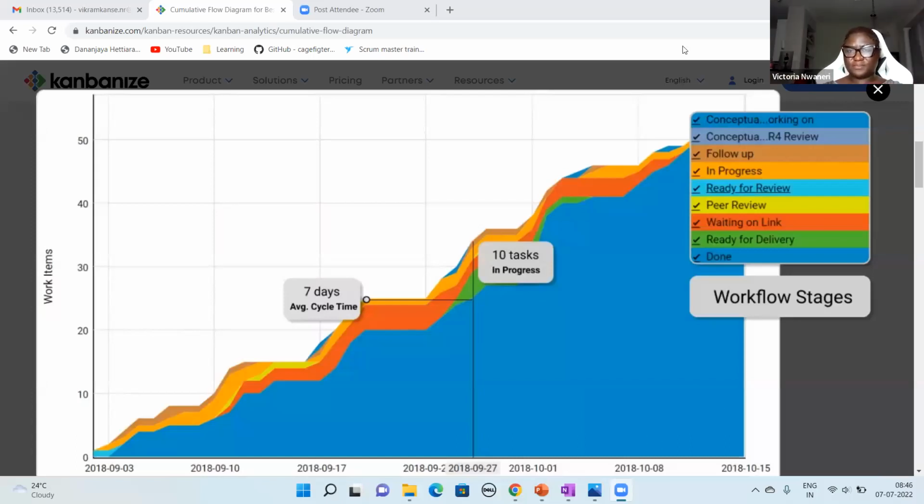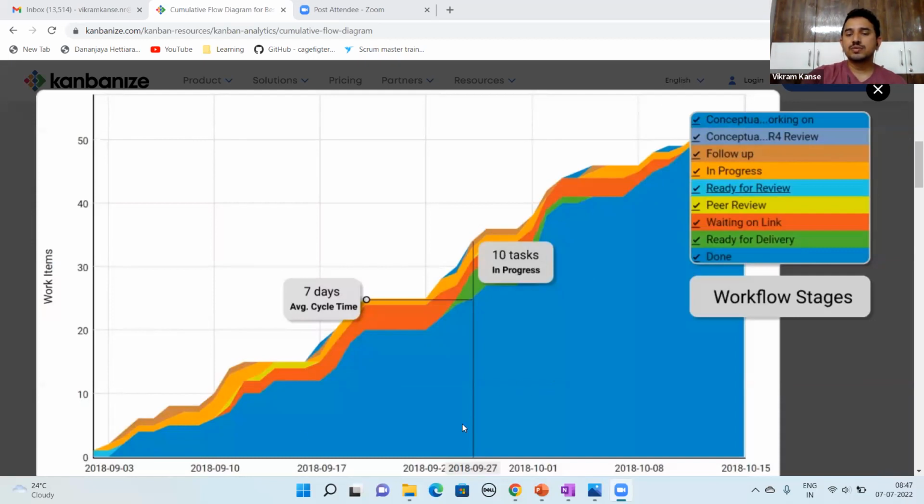Yes. Okay, so a cumulative flow diagram looks something like this, and every color that you see is a column on the Kanban board or on the sprint board. You can actually look at this even in the Jira tool. You will find a cumulative flow diagram.